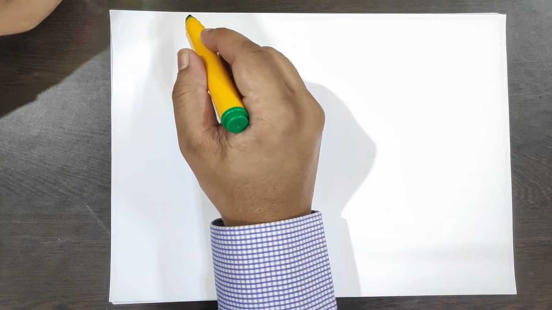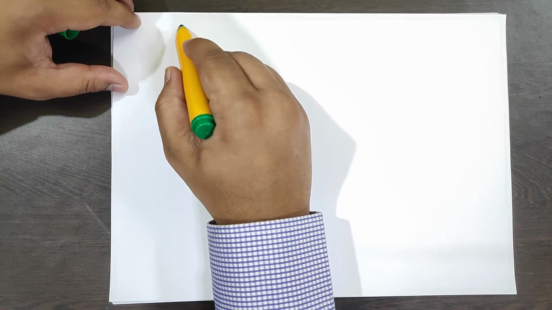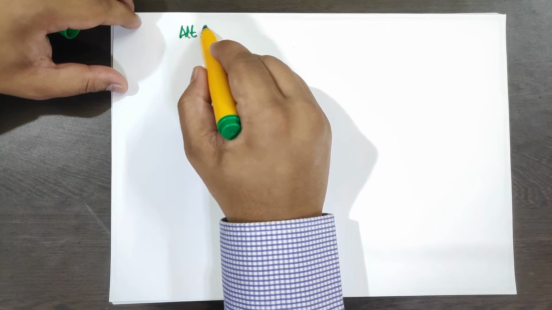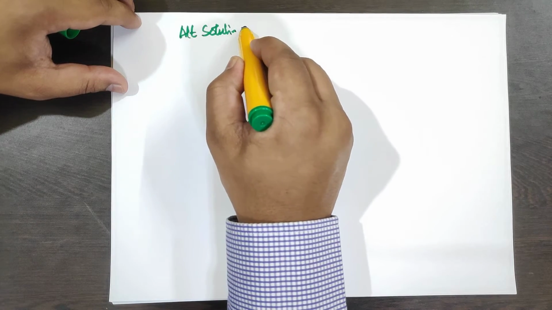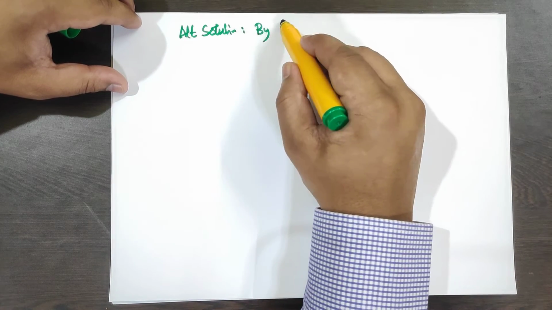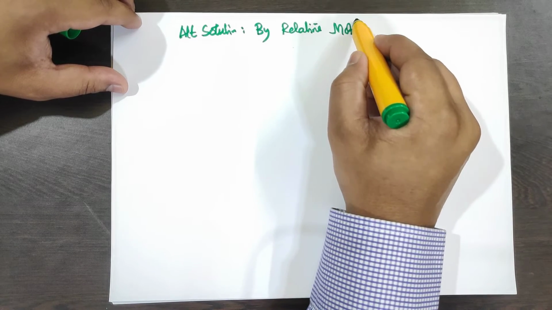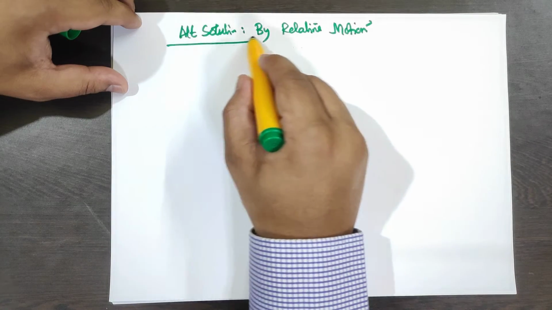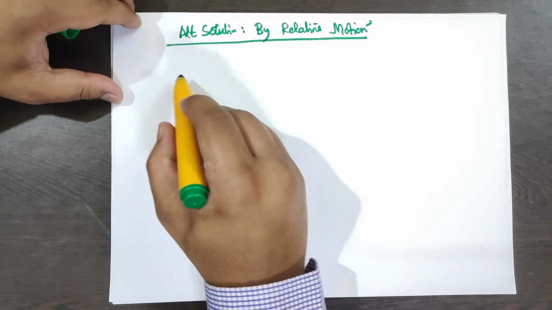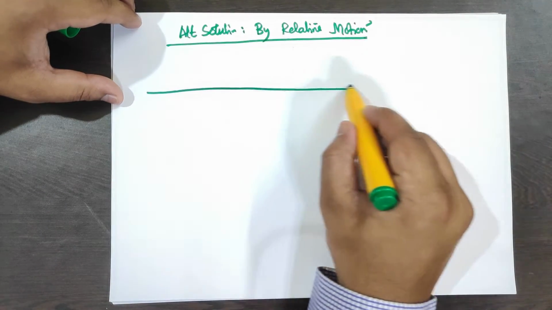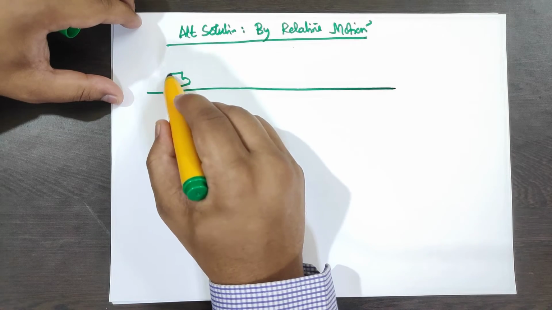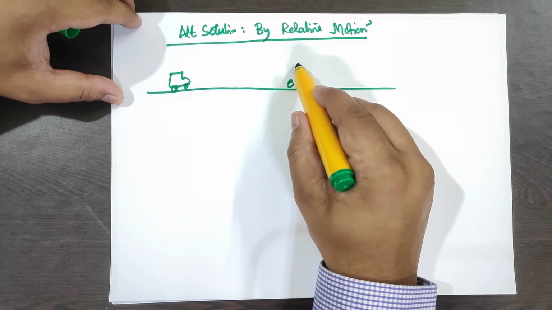Now we will solve by the relative motion method. So the alternate solution by relative motion. Okay, so there it is, the car and the cyclist.